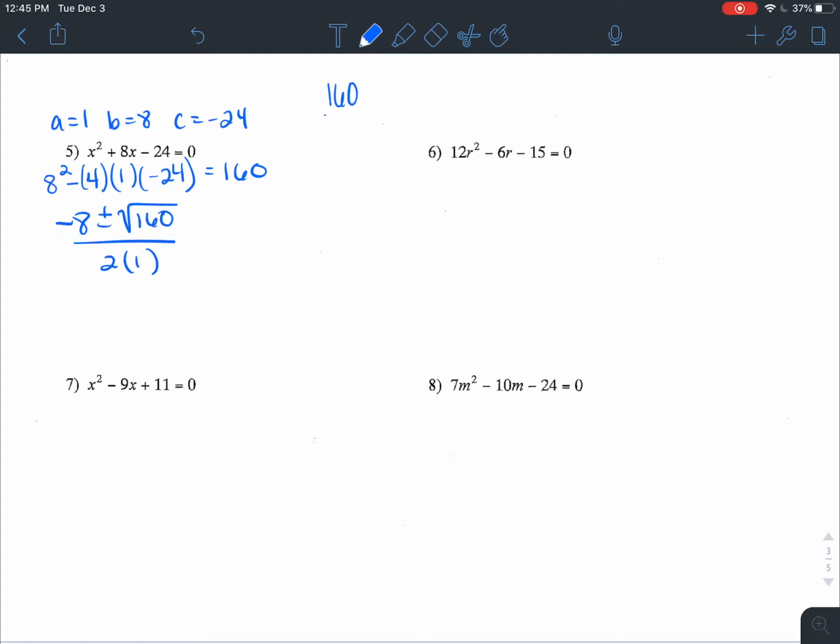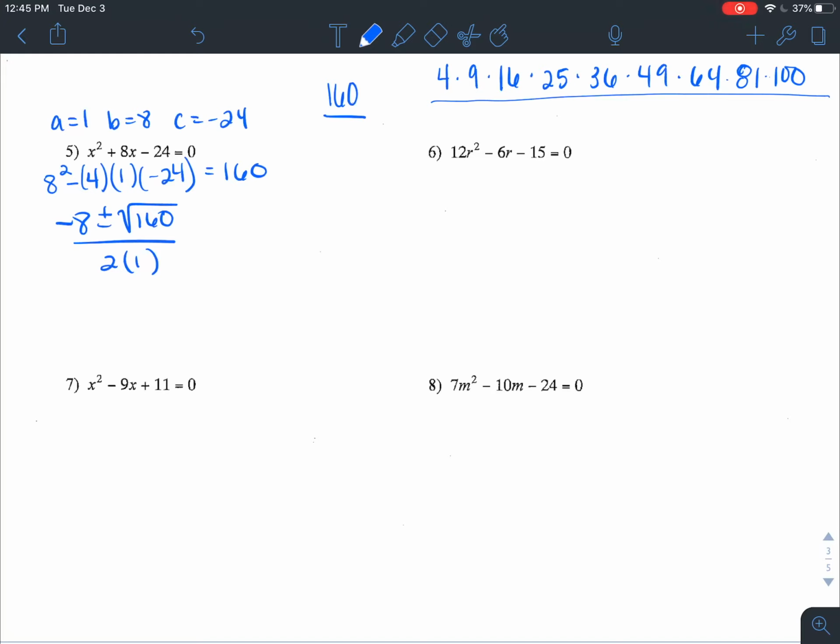So we have 160. Our perfect squares are 4, 9, 16, 25, 36, 49, 64, 81, and 100. Those are the first 10, right? So we want to find the biggest number from this list that will divide evenly into 160.